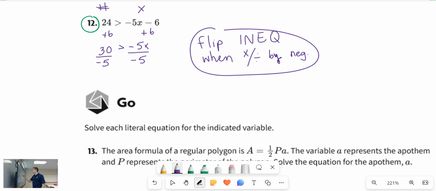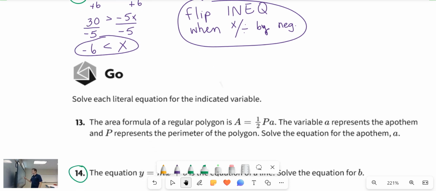So now we have negative 6 is what's left here, but we flip the inequality, and now we have x over here. And that is the solution to this inequality.